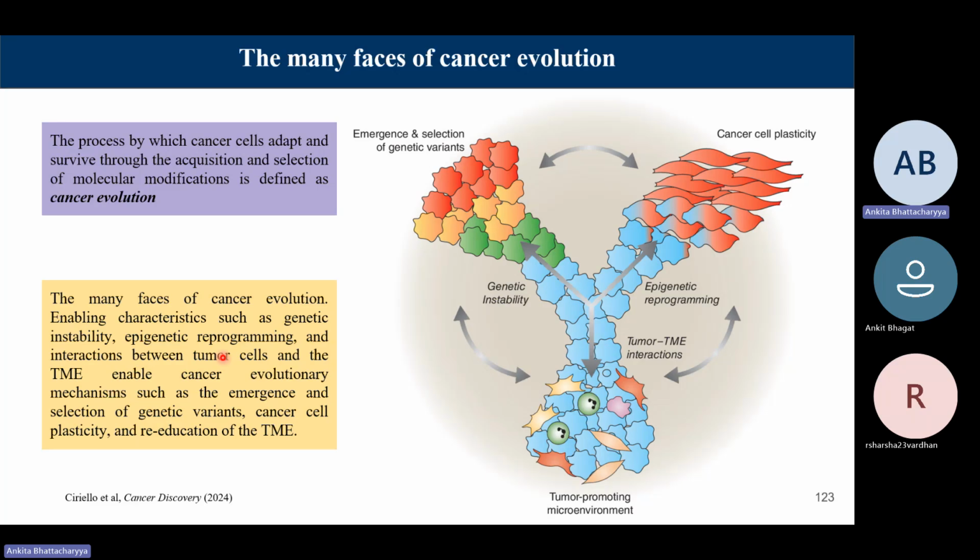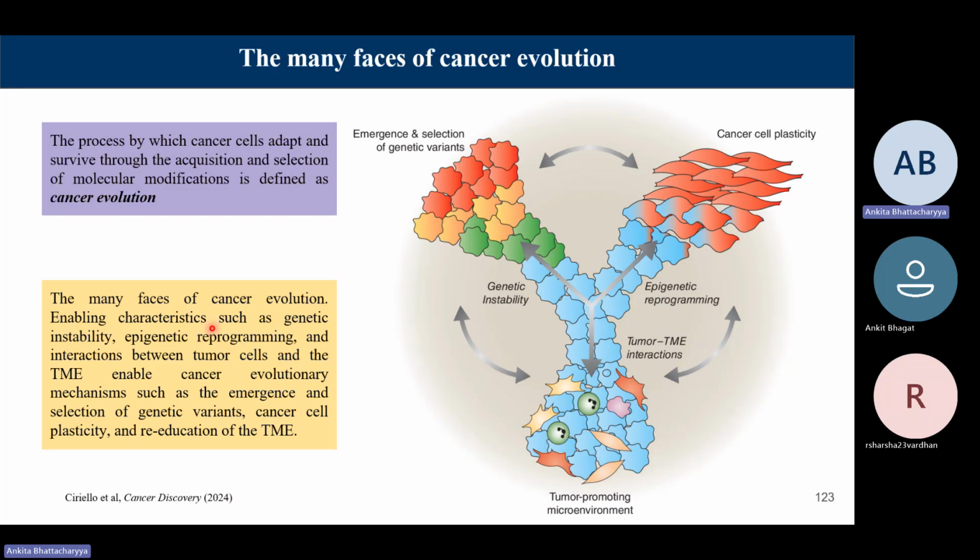So this is basically the legend for this figure. You can refer to this paper. It's a beautiful paper. It's a review article where they have discussed a little bit about cancer evolution, and it's beautifully explained. It might be a little advanced language-wise, but if it is interesting to you, it'll be a great read. So what they have discussed are the many phases of cancer evolution.